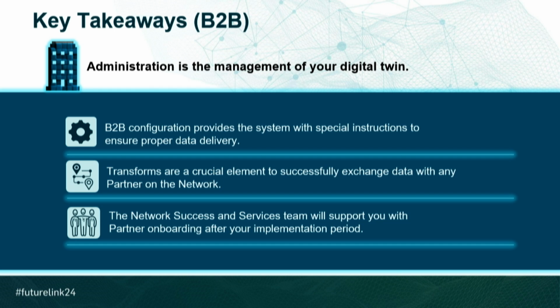Transforms are really important to enable the system to convert one file format into the canonical and then into the desired format of the receiving party's system. And then finally, our network success team and services team is going to help you. With your side of the integration, you have the services team. With your partner's side of the integration, you don't need to worry about it, we have the network success services that help with that side of things.